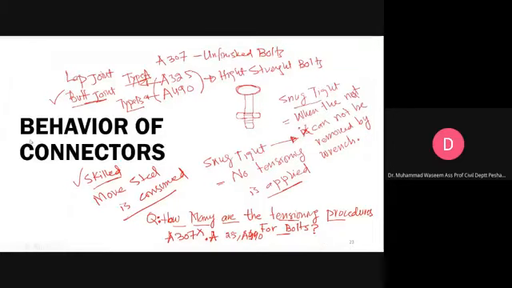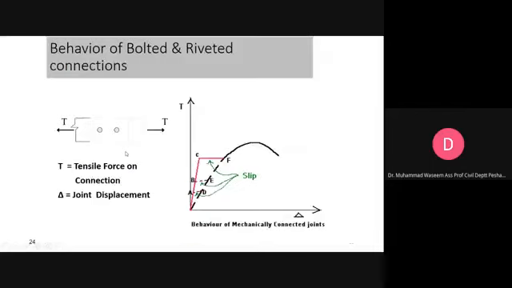Okay, now we will discuss the behavior of connectors. In behavior of connectors, we will first talk about the behavior of bolted and riveted connections. As we discussed, I will try to explain it with the help of, again, I have to draw a lap joint here.